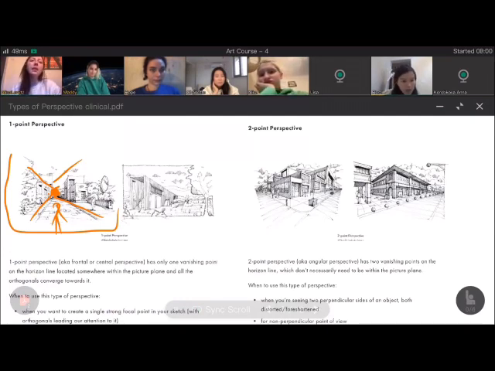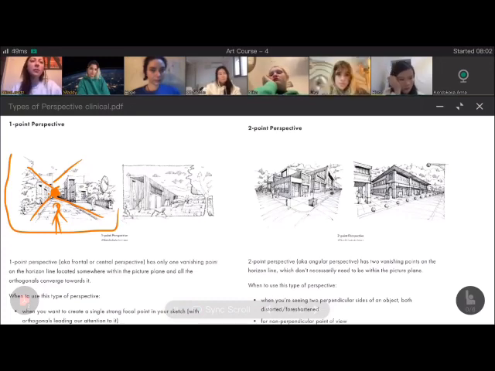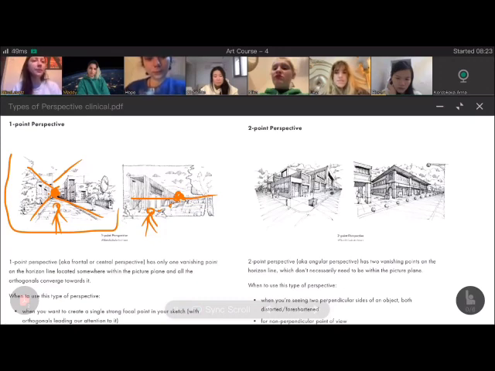And this point doesn't have to be in the middle of the picture. If this is our horizon line, it can also be at the end, on the side. So you can stand here, and what you will see is the end of that line. This is the most common type of perspective that we use in photography and in art.